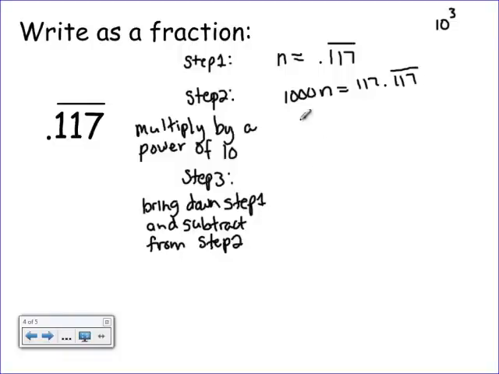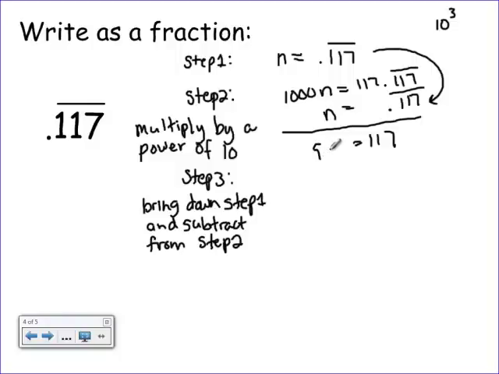Step 3, bring down step 1 and subtract. Careful to line up your decimals. That gives 999n. So 117 over 999. And if you're wondering, does that reduce? I hope you all know your little trick. The number 117, if I take 1 plus 1 plus 7, if I add up all the digits, I get 9.